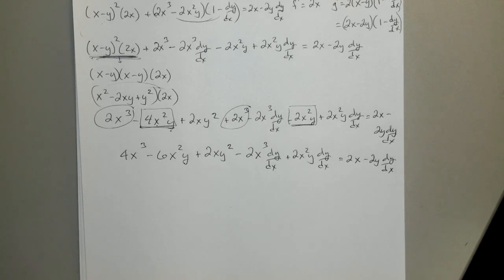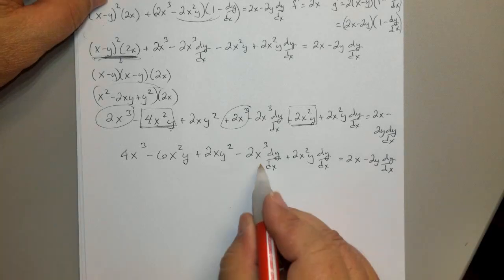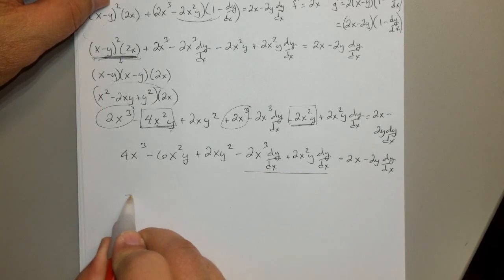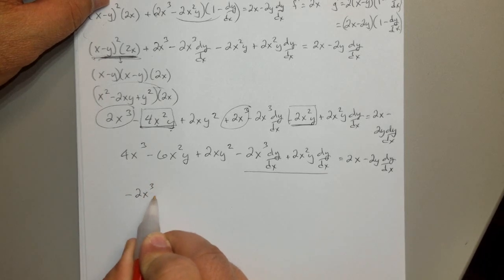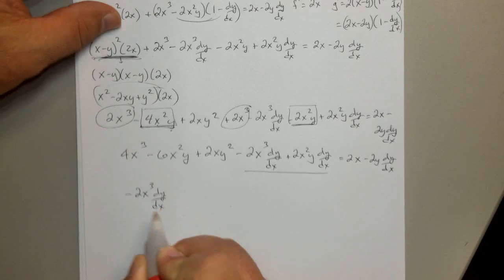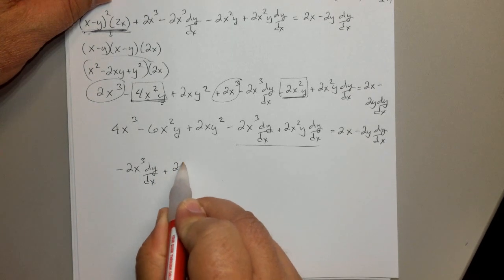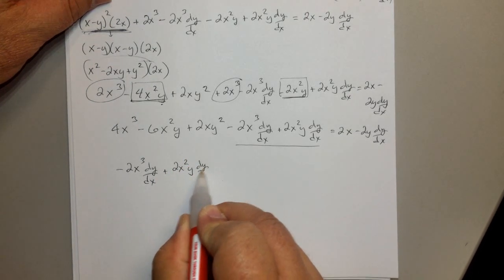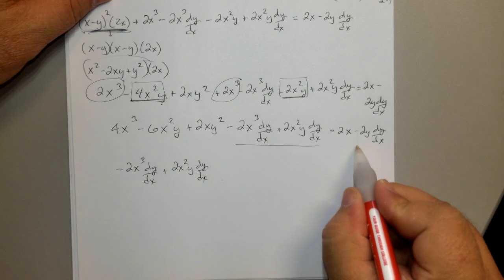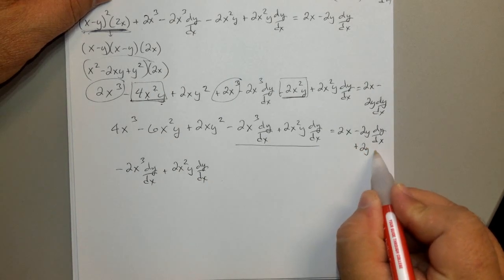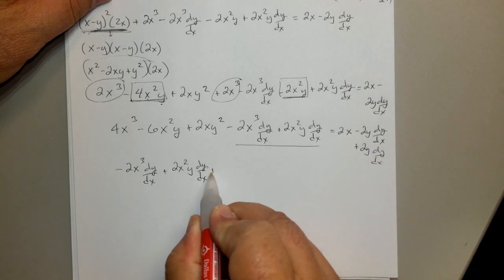Now what? Let's put the dy/dx's to one side, everything else to the other side. So you have minus 2x cubed dy/dx plus 2x squared y dy/dx, and we have to add 2y dy/dx to this side.